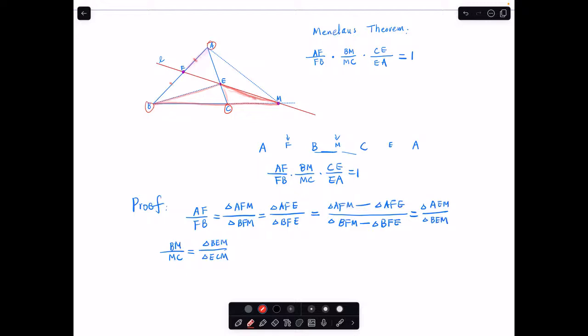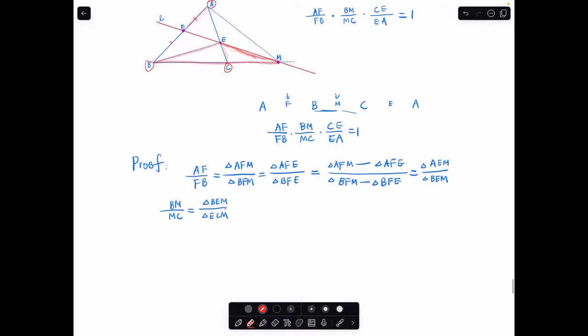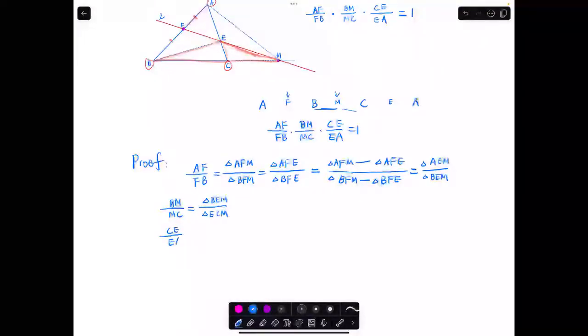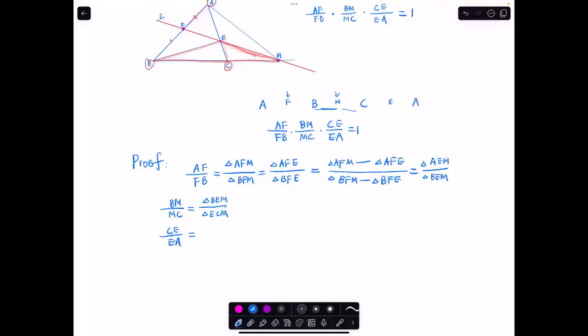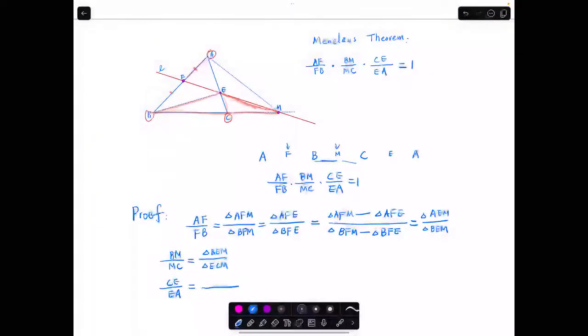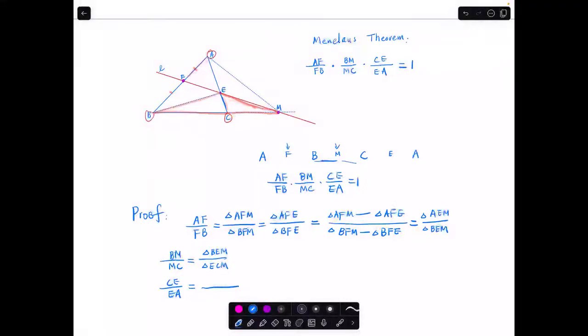That's straightforward, right? Just the ratio of the base. Now, how about the other one? CE over EA. Okay? So, CE, this part here, over EA, the second part, right?